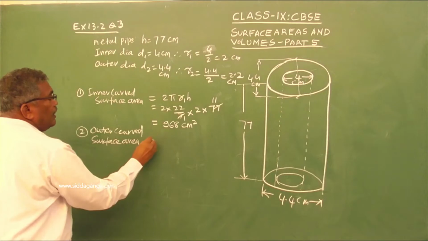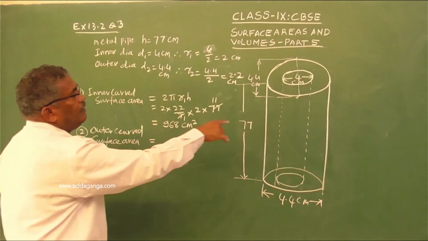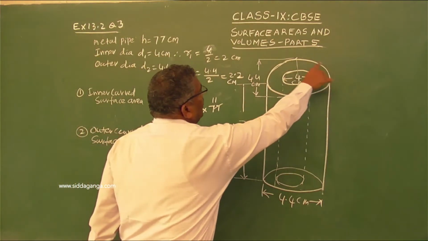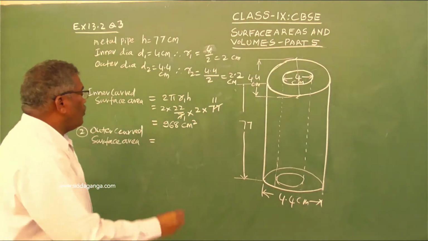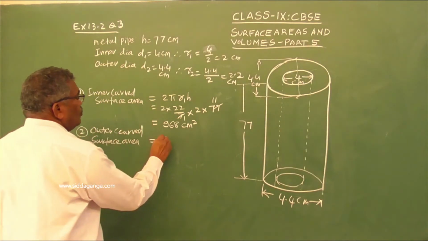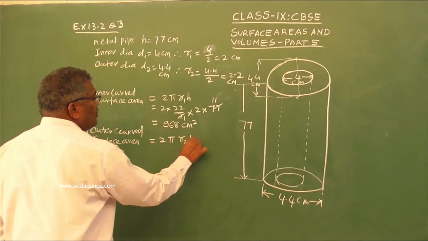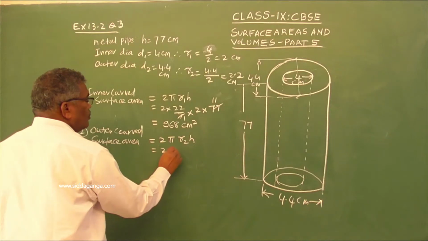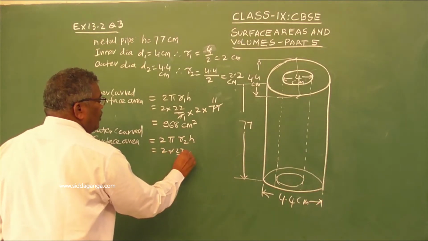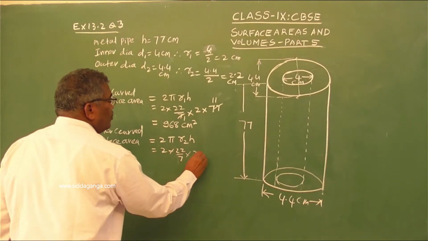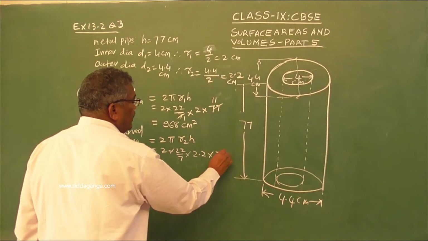So the only thing we have to do is, instead of R1 we have to take the outer radius. Outer radius is R2. R2 is 2.2. So you will get 2 into pi into R2 into H. So this equals 2 into 22 by 7 into 2.2 into H, which is same, that is 77.